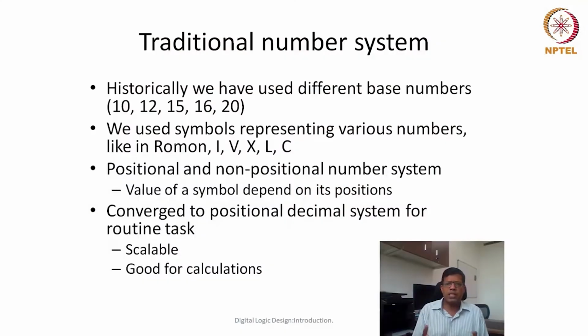If we observe many of these number systems, most of them were based on some sort of base system, and in the Indian system we typically have a base of 10.